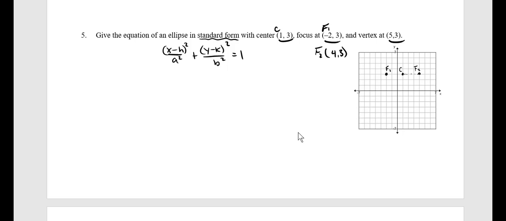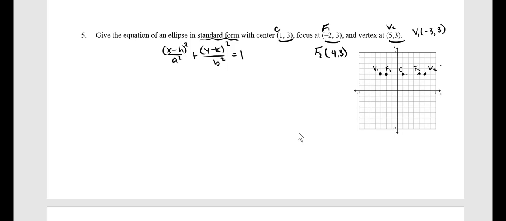We have a vertex, so that's along the major axis. That's at 5, 3. Call that V2. Meaning the other vertex has to be the same distance in the opposite direction from the center. So V1's over here, meaning V1 has coordinates we get by taking the center and subtracting 4 from the x coordinate.